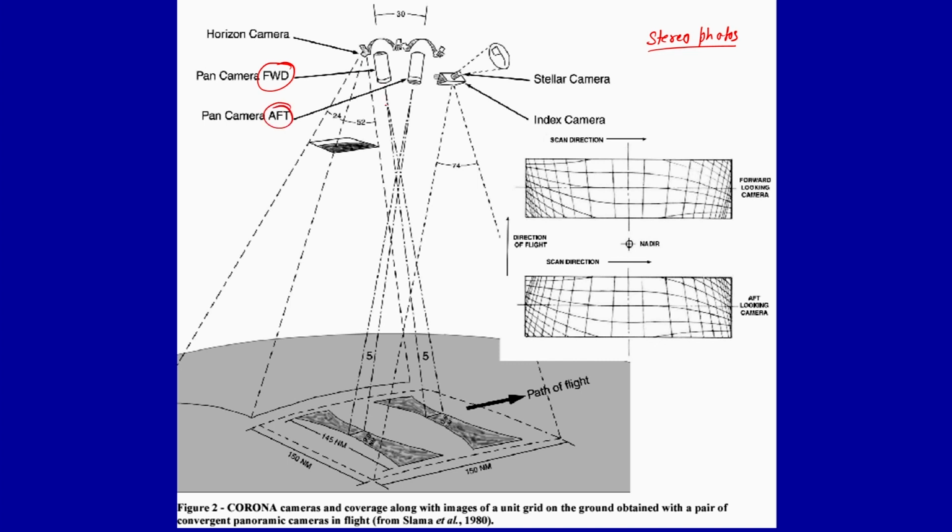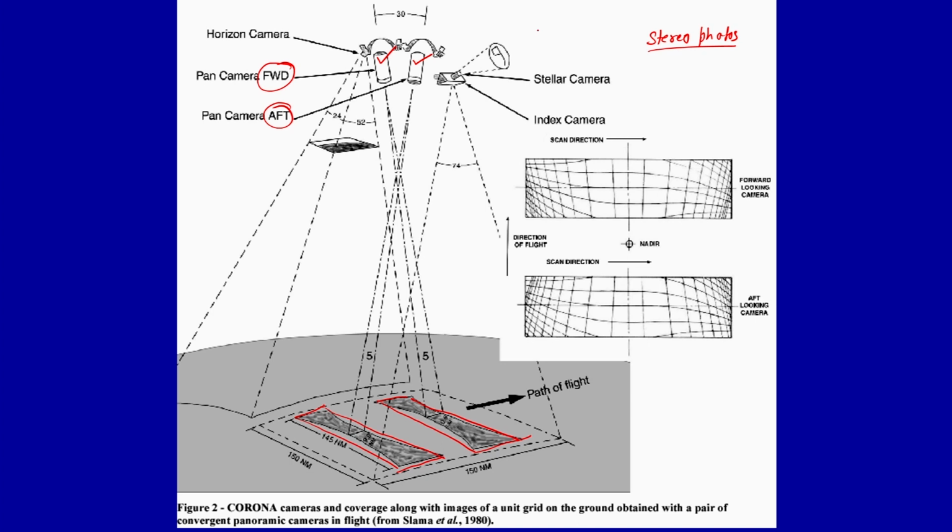The forward camera is taking the photograph of this area, and the after camera is taking this one. This is basically the camera used to collect the Corona photographs I was talking about.